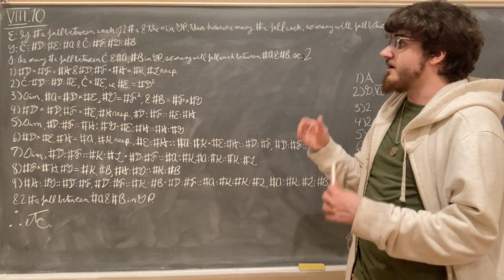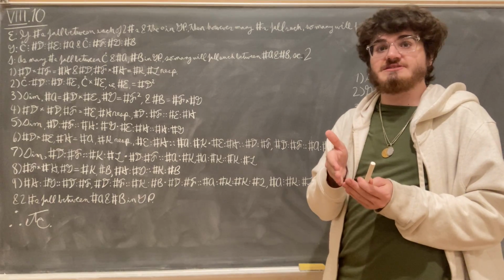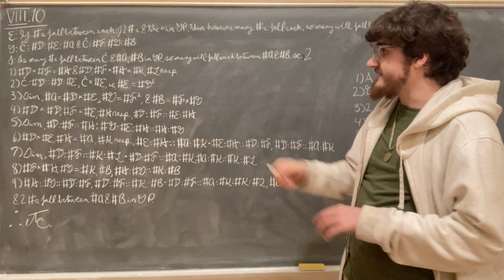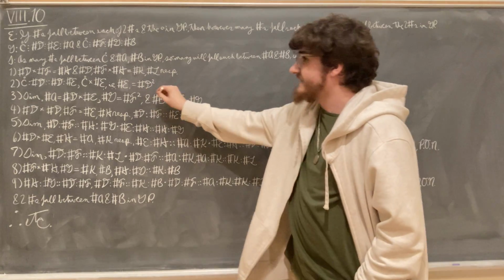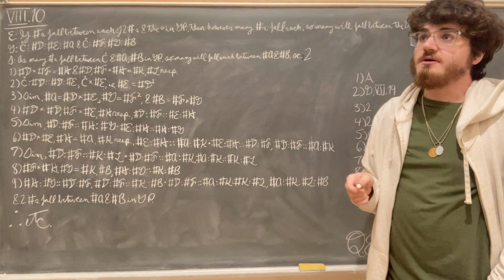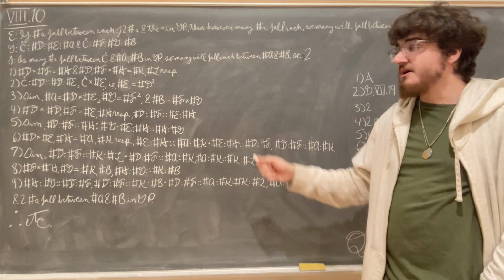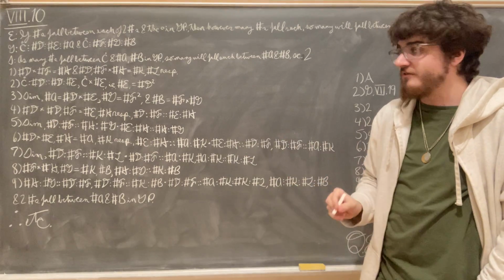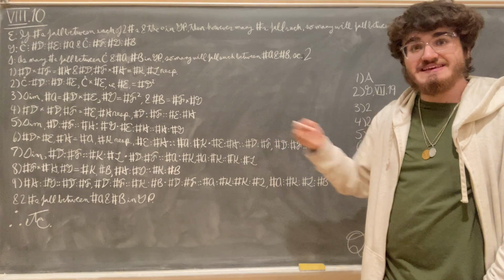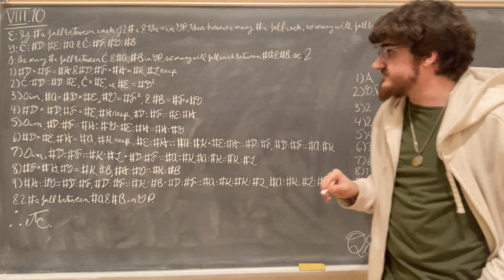The extremes here are the unit C and the number E, and the means are two copies of the number D. So we have that the unit C times the number E is equal to the number D times the number D. Well, the unit times any number is just that number. So the unit C times the number E is simply the number E itself, and the number D times the number D is obviously just D squared, so the number E is equal to D squared.